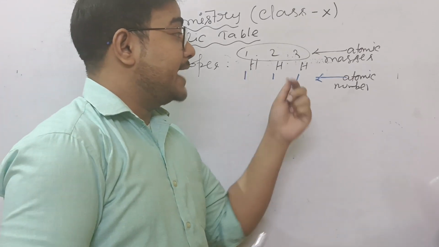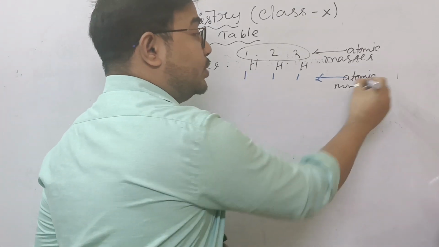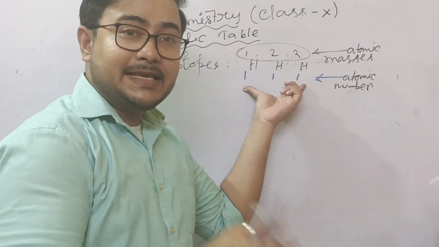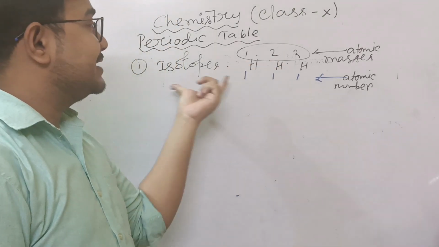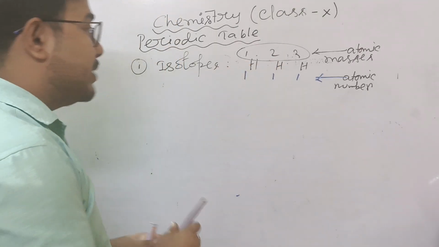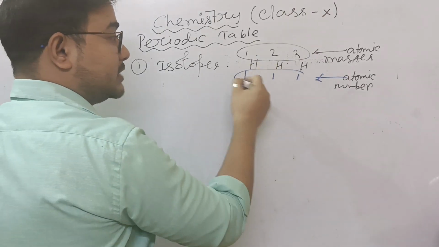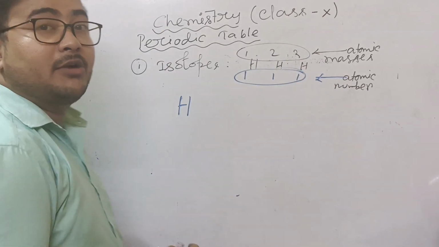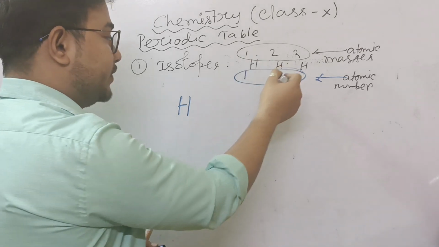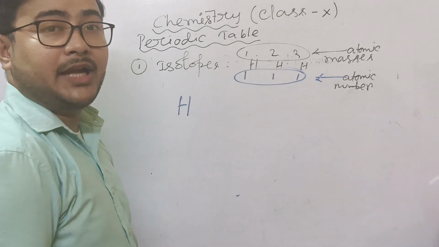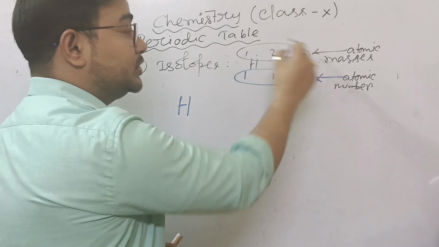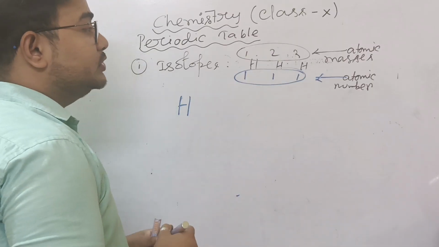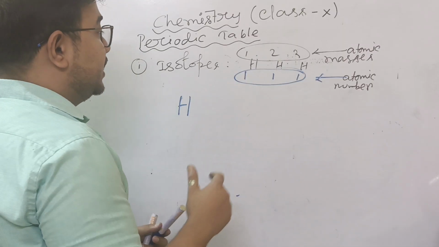So if we arrange the elements with respect to their atomic number, since the atomic number of all the isotopes is the same, for hydrogen we need only 1 position, because all of them have the same atomic number. 3 different positions are not required. Do you understand? Okay, so this is the main point.